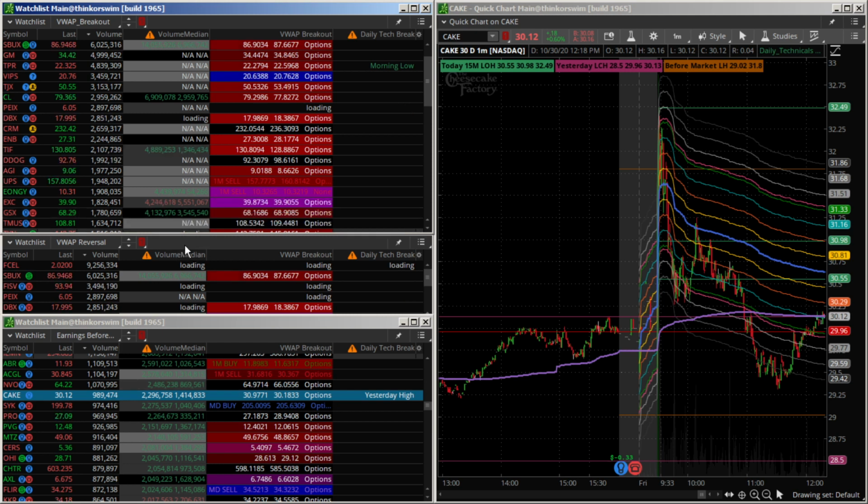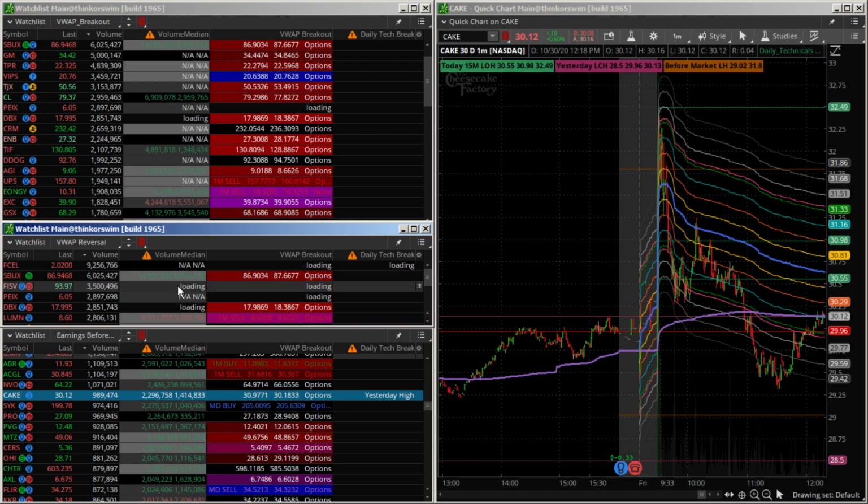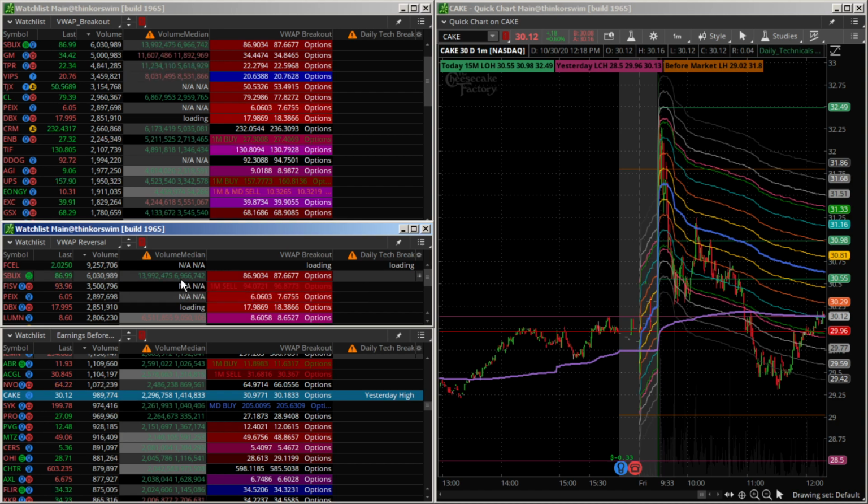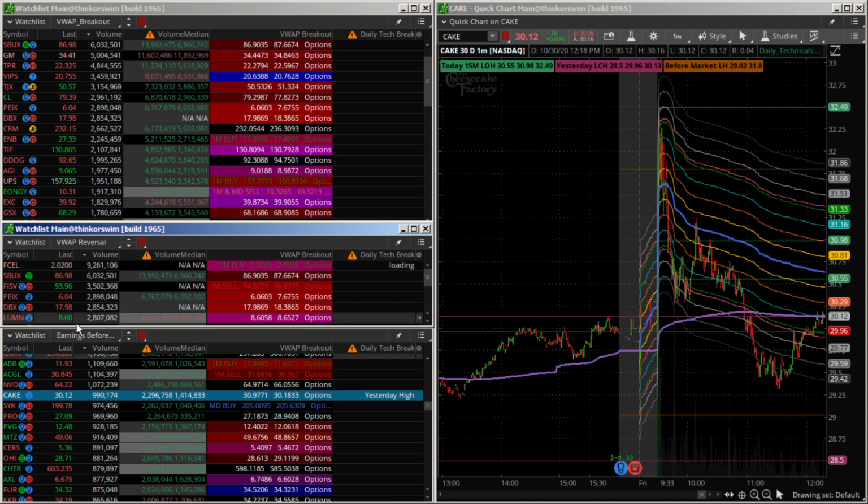The middle one is for the reversals. So reversals are based on the positive and the negative range. So if a stock has been under the VWAP for 80% of the time and is now touching the VWAP, it will pop up over here.